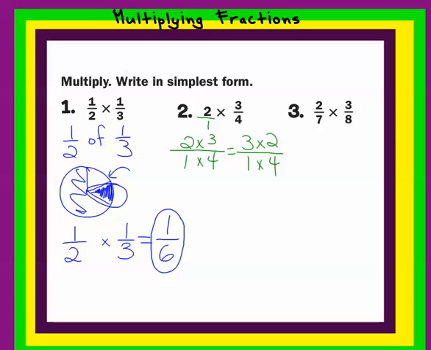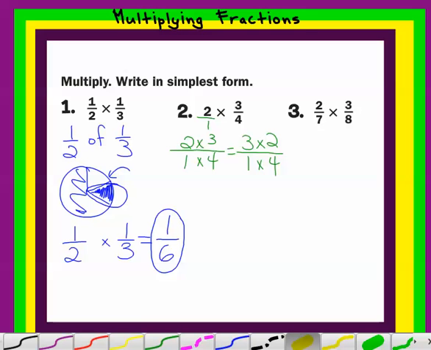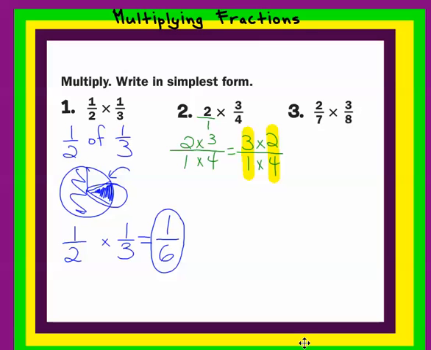So now if you look at this in a different way, you can see that we can think about this as 3 over 1 and 2 over 4. Well, 3 over 1 is already in simplest form, but 2 over 4 actually simplifies. We have a common factor of 2, so we can simplify that to 1 and this to 2, because 2 divided by 2 is 1 and 4 divided by 2 is 2.